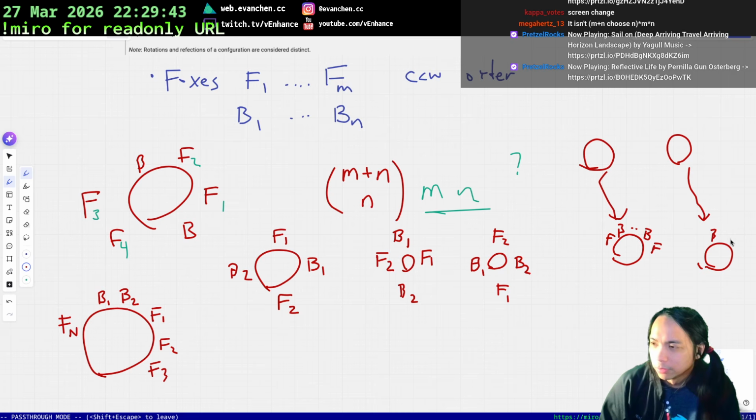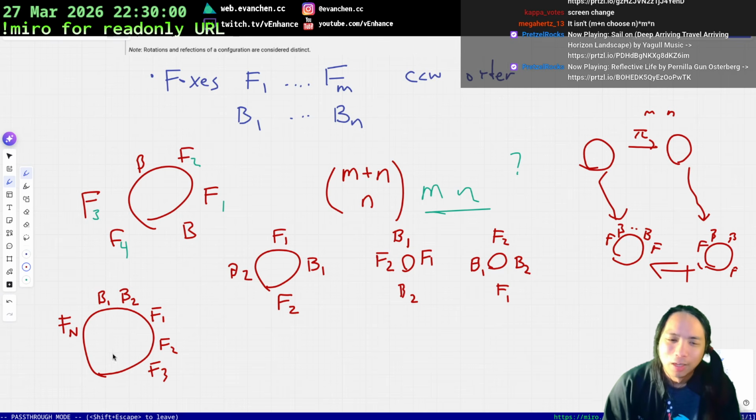If there's some permutation pi on the m's and the n's, just of the labels, then I can also reach this. This sequence of moves gives me a composed thing, and everything goes two ways. So I should be able to count the number of things that are possible with all B's and then all F's, and then it should just be that times this multiplier, I think. Let me stake that claim.